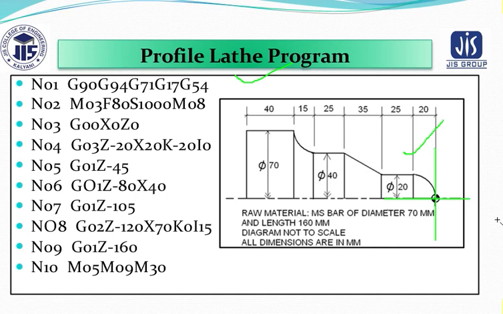For lathe programming, I will always suggest that you choose the center axis of the job profile as the coordinate origin, so that it is easy for everyone to calculate the coordinate values for x and z. What I have told, again I am telling, this portion you have considered as z positive. If this is z positive, then the opposite will be z negative.